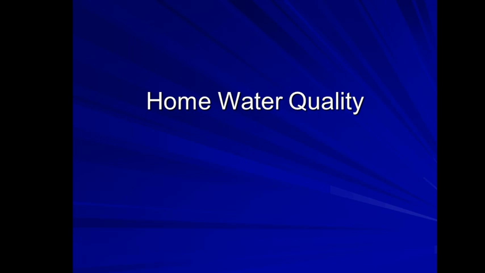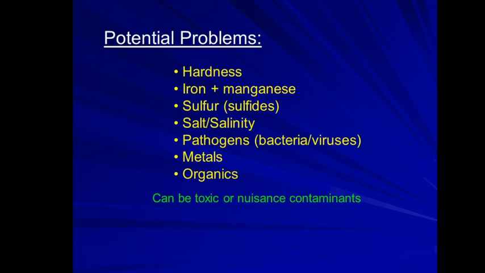So home water quality. Okay, the potential problems in home water are hardness, iron and manganese, then sulfur in the form of sulfides, then salt and salinity, then pathogens, bacteria and viruses, metals and organics. Okay, so these contaminants may be toxic to human beings.